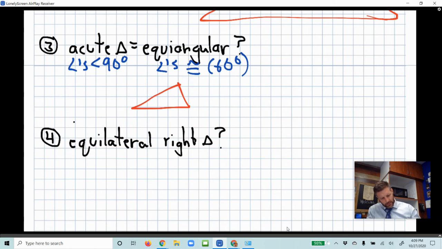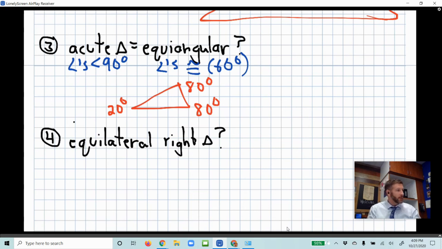And maybe this one here looks more like 80 degrees. And then that would leave the other angle to equal 80 degrees. So that's fine. I have 3 angles, all less than 90 degrees, and yet you can see not all the angles are congruent to each other. They still add up to 180.